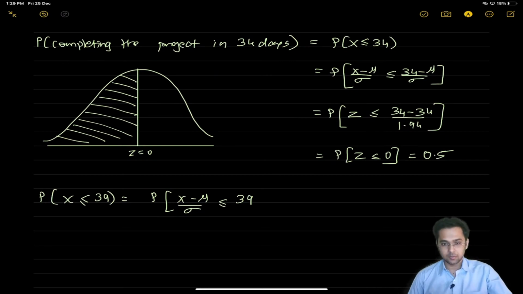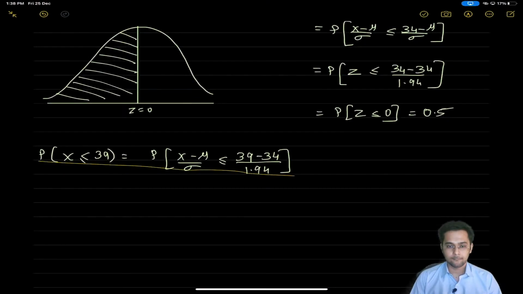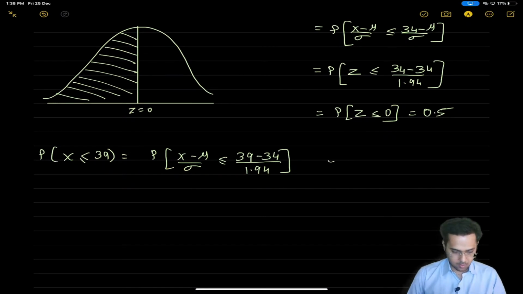So we want this thing. Okay, so we have the probability of x less than or equal to 39 days.